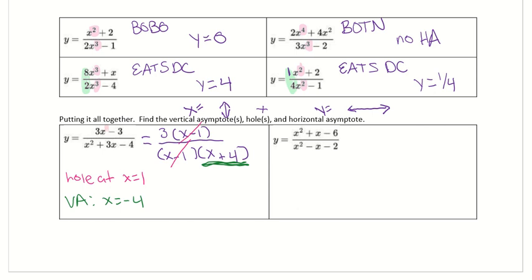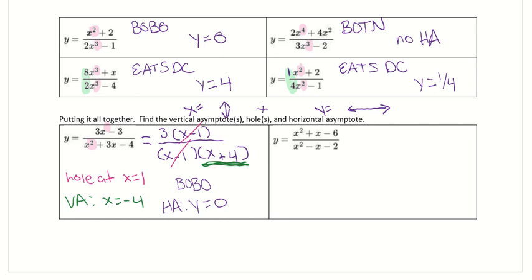The degree of the numerator, there's an imaginary 1 right there. The degree of the denominator is 2, so that is bigger on the bottom. So this is a BOBO situation, and bigger on bottom means that y is equal to 0, so that is our horizontal asymptote.